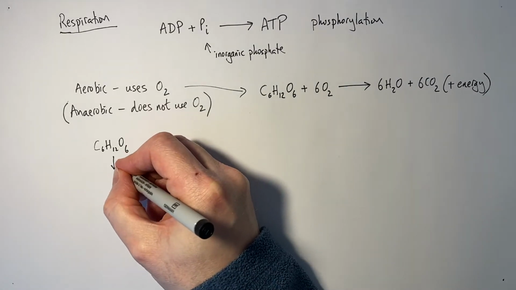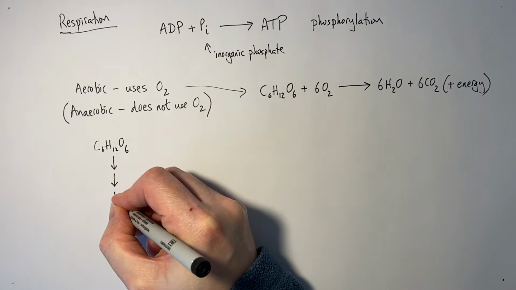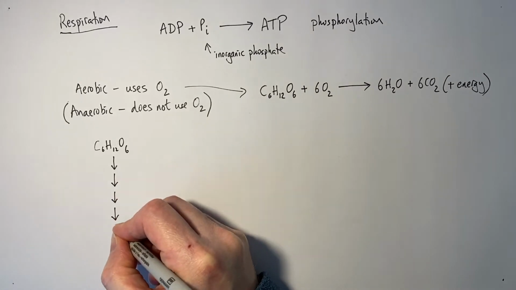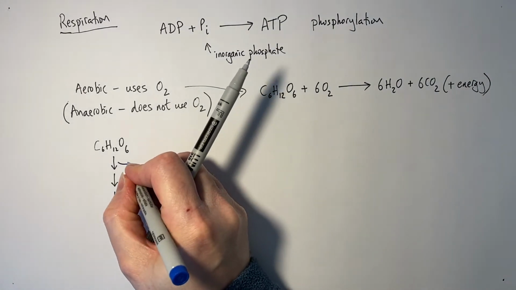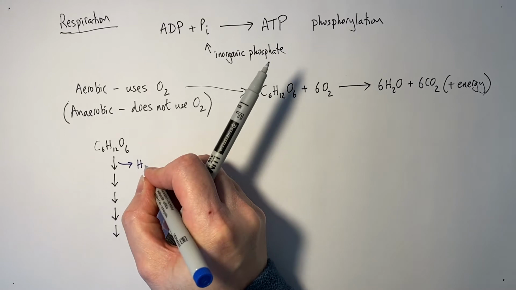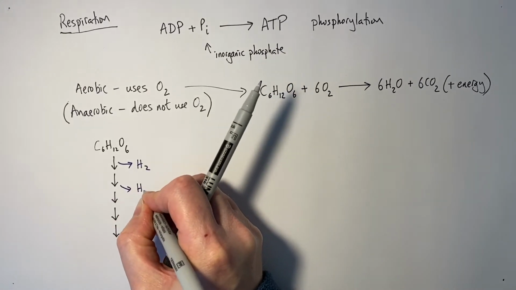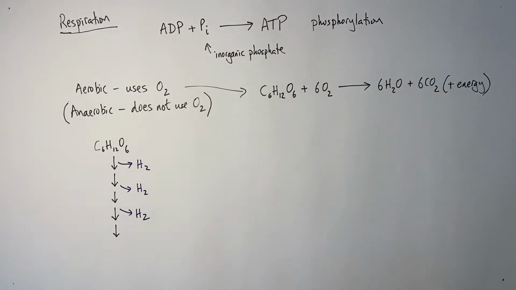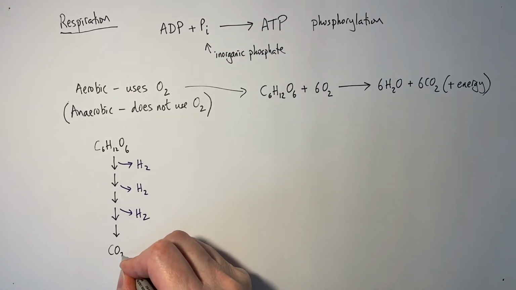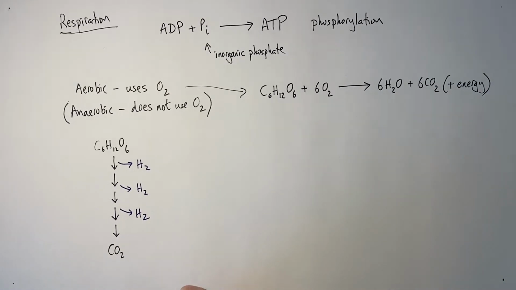And respiration involves the process of removing hydrogens from glucose molecules. So if you keep removing hydrogens, eventually you're going to end up with carbon dioxide, and you'll also end up with some water.